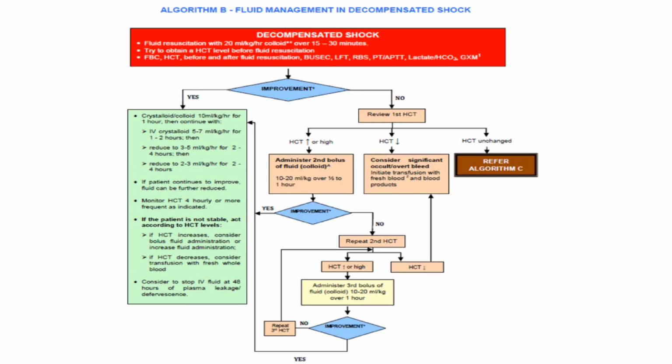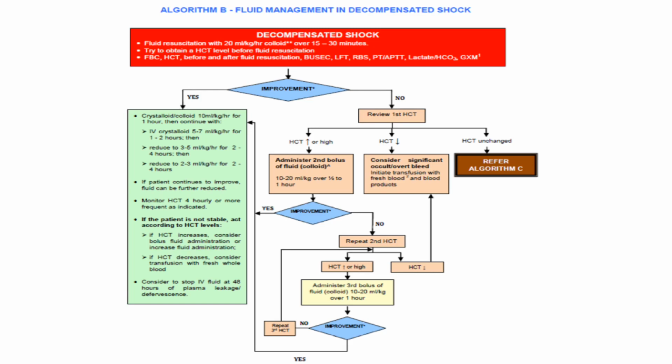Algorithm B is the fluid management for decompensated shock, where the patient already has trouble with organ function. So the algorithm is the same. You must look for improvement, give crystalloid, and review the hematocrit.